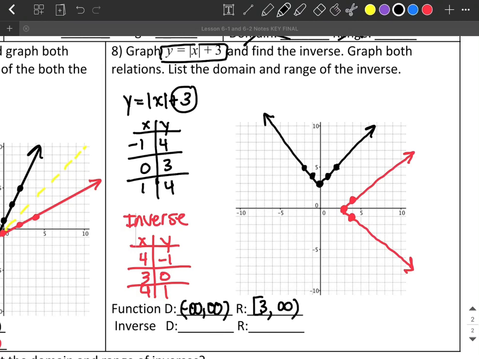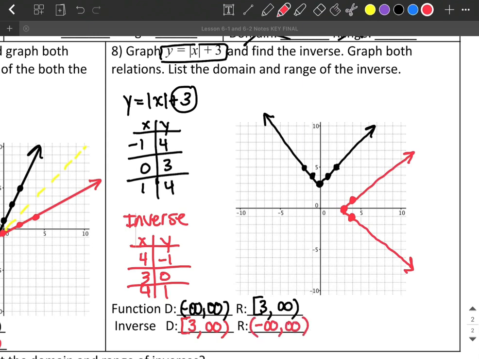For the inverse, looking at the domain, that is not going on and on forever, to the left and to the right. It starts at 3, that's the lowest value, and that's included, and it goes to +infinity. The range is infinite, so that goes on and on. I go to -infinity and to +infinity. So the lowest number is -infinity, the highest is +infinity.